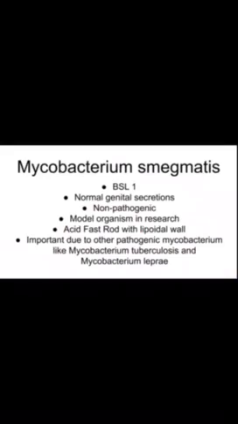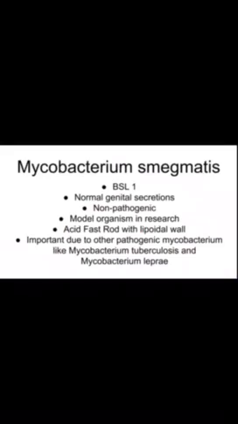After multiple laboratory tests, I can say with confidence that my unknown bacteria is Mycobacterium smegmatis. Mycobacterium smegmatis is a gram-positive, acid-fast rod containing a thick, waxy wall. It is a biosafety level 1 organism that is found in normal genital secretions from the urinary tract.